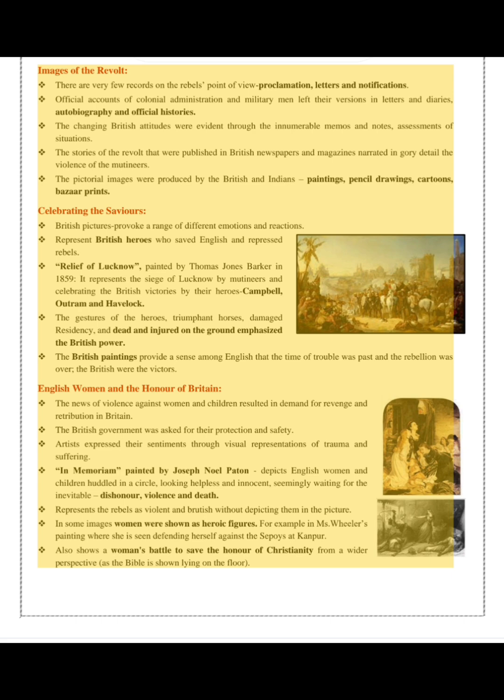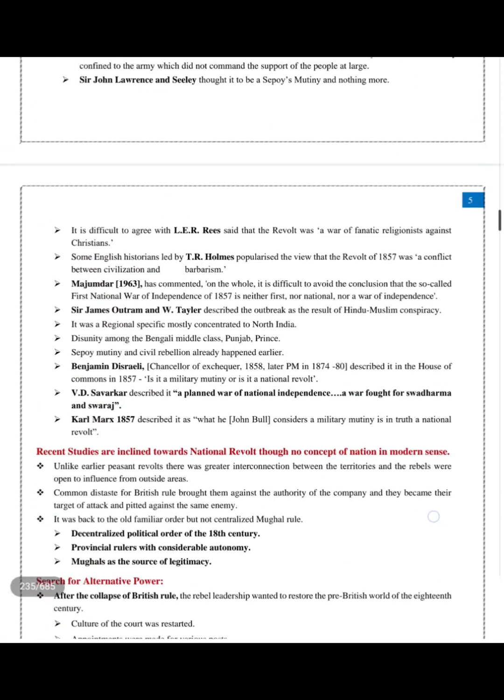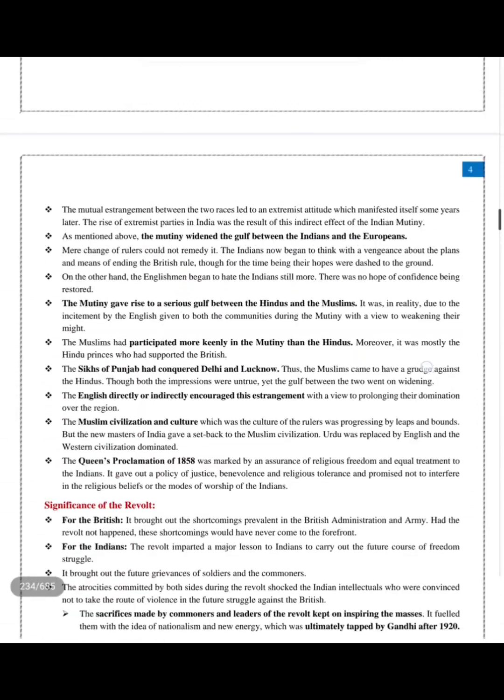English women and the honor of Britain. The news of violence against women and children resulted in demand for revenge and retribution in Britain. The British government was asked for their protection and safety. Artists expressed their sentiments through visual representations of trauma and suffering. In Memoriam, painted by Joseph Noel Paton, depicts English women and children huddled in a circle, looking helpless and innocent, seemingly waiting for the inevitable dishonor, violence and death.